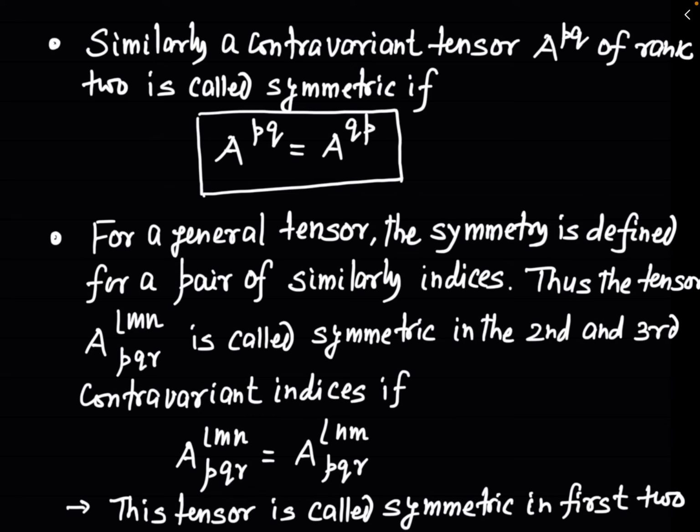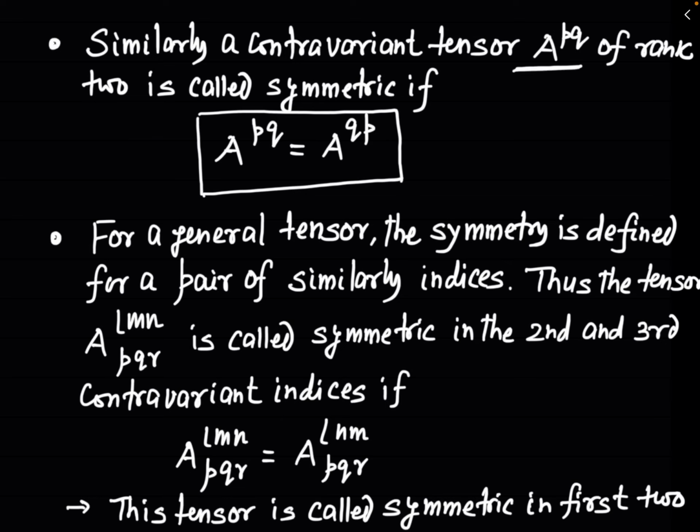The concept is not different, it is completely the same. So if you consider a contravariant tensor of rank 2, which is A super PQ, these PQ are super indices, so we read it A super PQ.